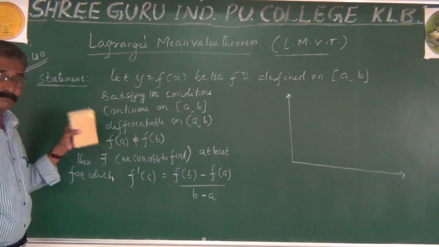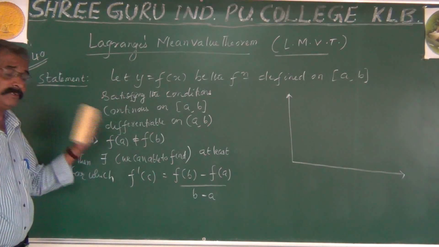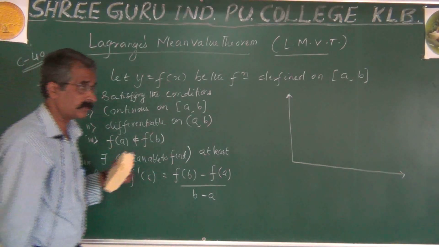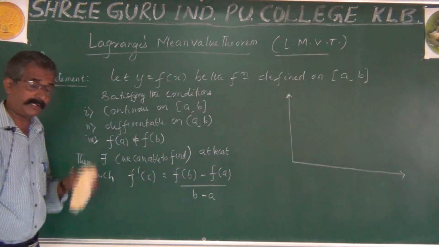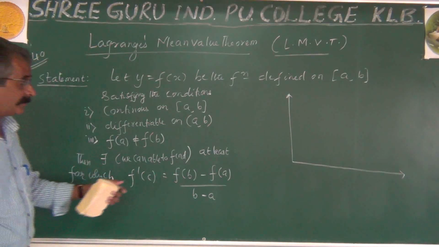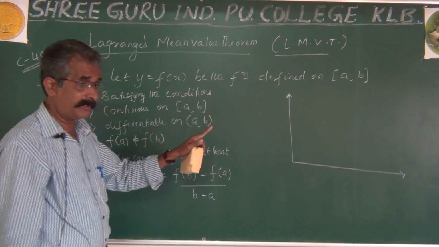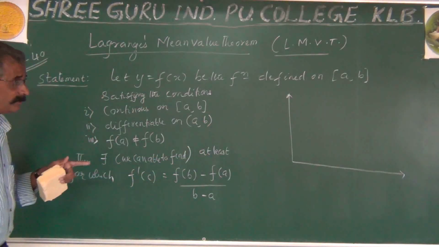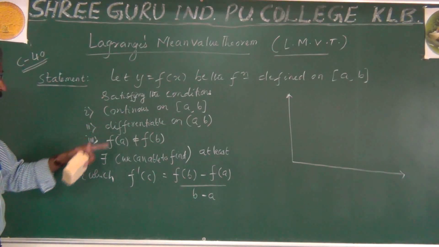Second one, differentiable, means f dash x exists, means dy by dx exists, means the slope of the tangent exists. That means a tangent exists at every point in the open interval a comma b. If there are 100 points in this interval, at every point there will be a tangent for this curve. That's the meaning of the second condition.